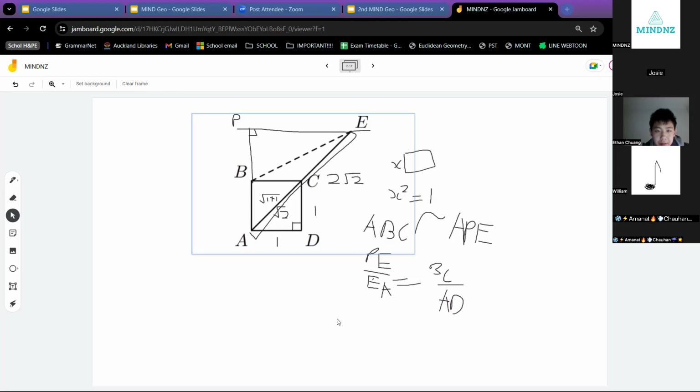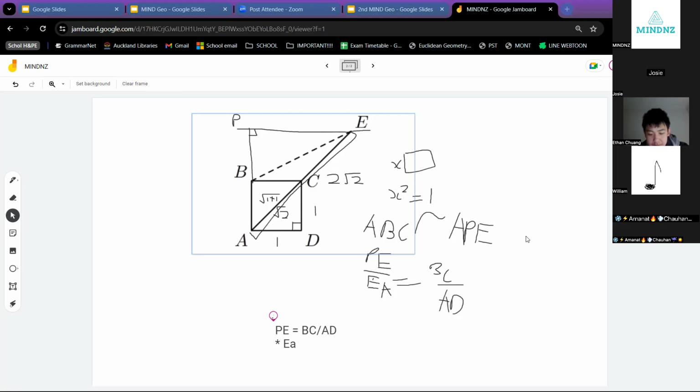So I'll just type it out because my handwriting's a bit goofy. So we see that PE equals BC over AD times EA. You guys see this? Okay, and we know that BC is 1 because it's a square. AD is also 1.